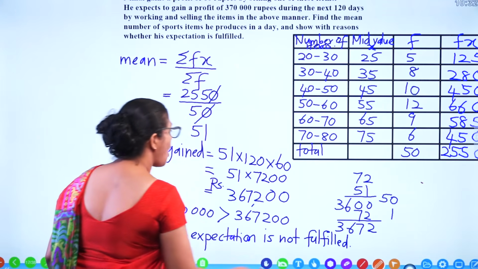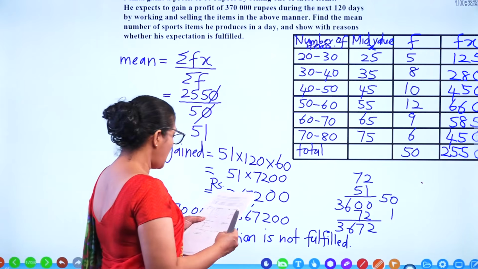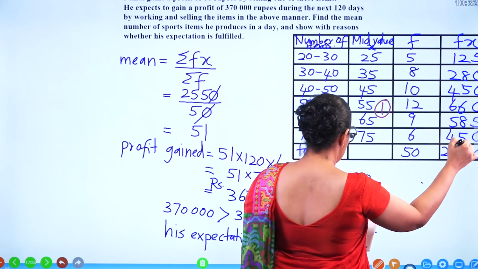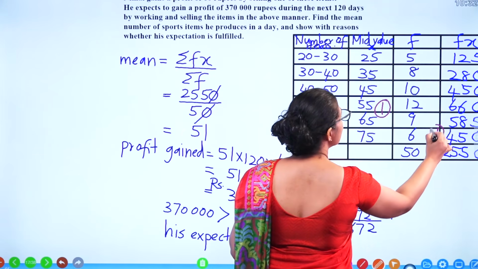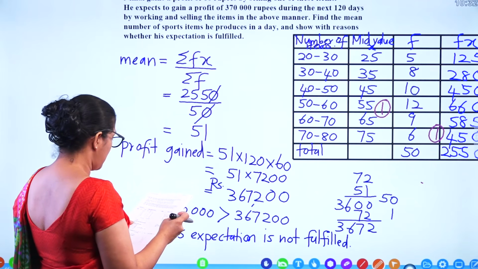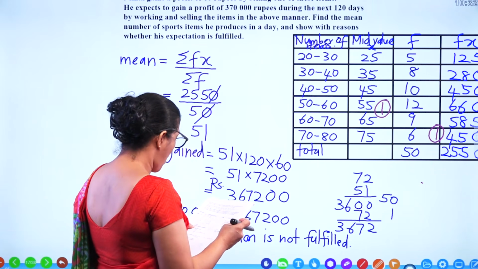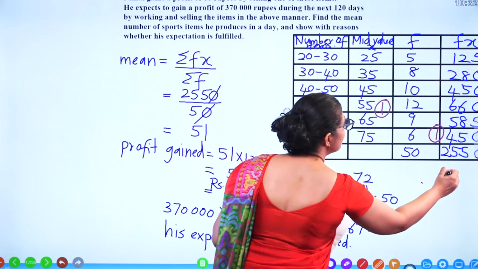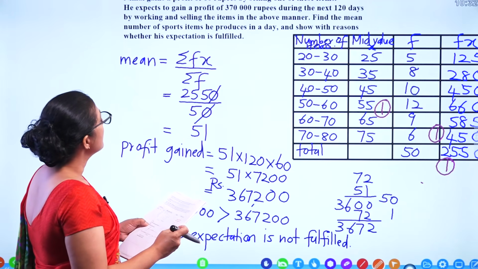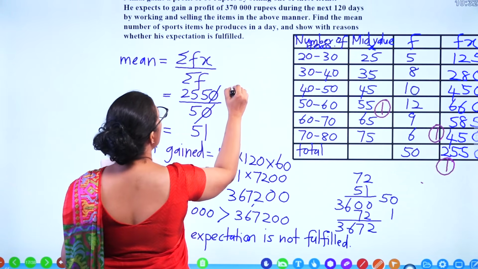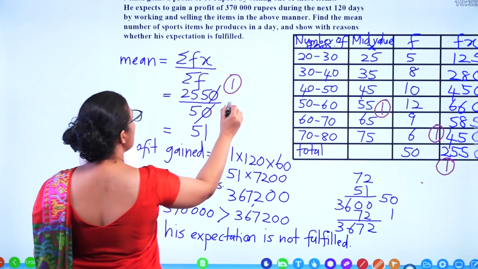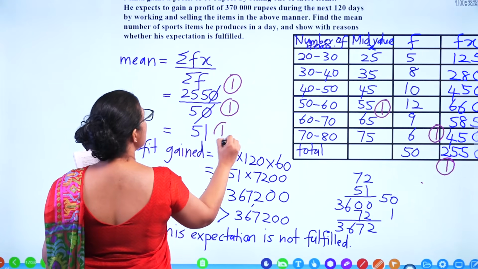Now we'll see how you get marks. So you get 1 mark for this mid value and total effects 1 mark. And another 1 mark here and 2,551 mark. Using the formula here, divide by this 1 mark and getting 51, 1 mark.